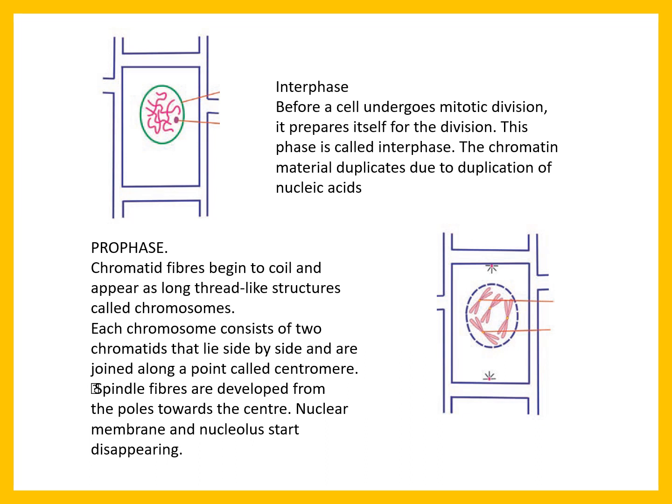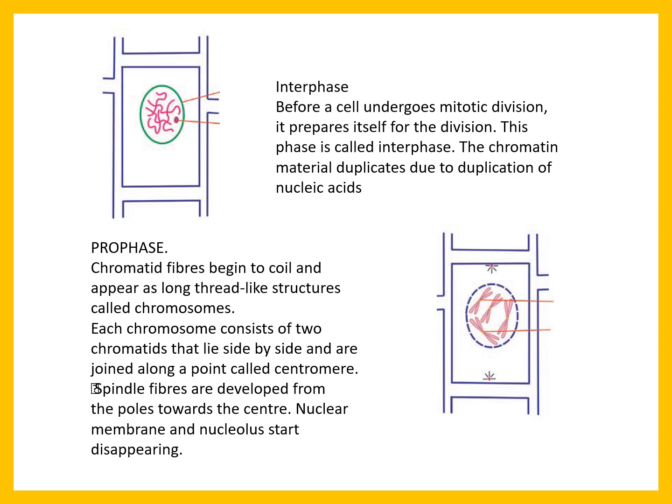Prophase stage: the chromatin begins to coil and appear as long thread-like structures. They are called chromosomes. Each chromosome has two arms attached at the centromere.